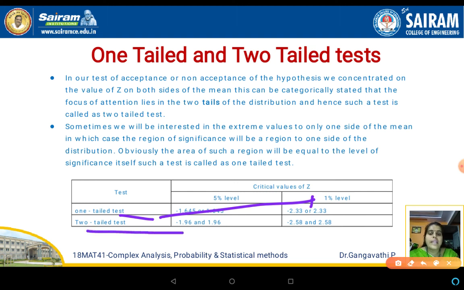Whereas in the two-tailed test, look at the values at the 1% level of significance: it is minus 2.58 and plus 2.58. So understand the difference between OR and AND here. Because if AND has been given, you have to consider both. If it is OR, any one, either the negative side or the positive side. So that is about your one-tailed and two-tailed tests.